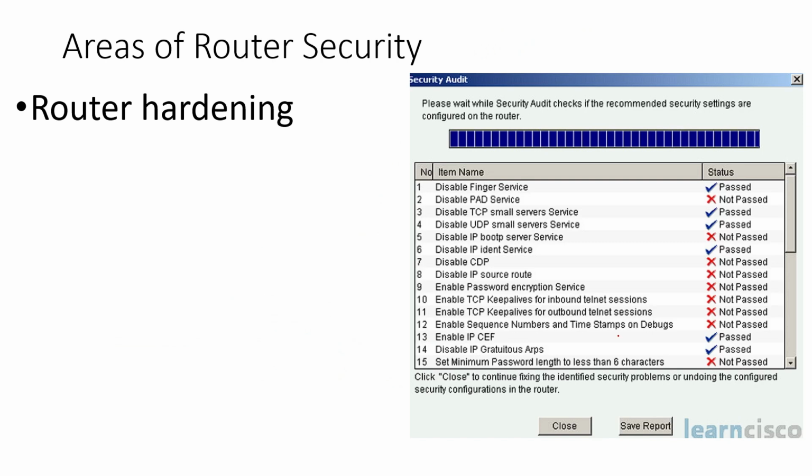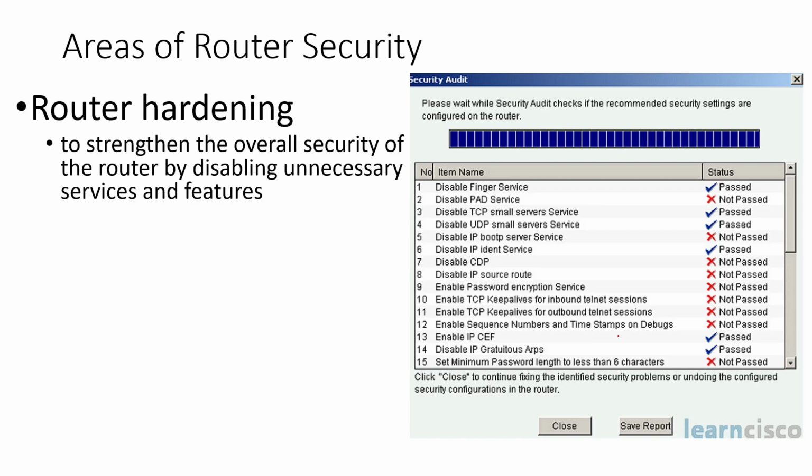Another area of router security is you should harden your router. You should strengthen the overall security of the router by disabling unnecessary services and features. Say, for example, you don't need this service, so you disable it. You don't need the IP bootp server service, disable it. You don't need these things, so disable them.